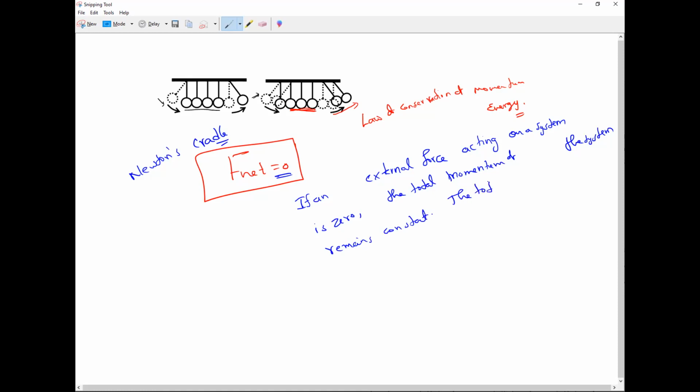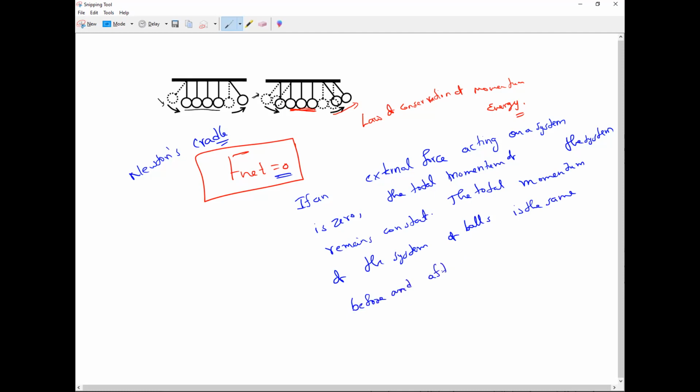The total momentum of the system of balls is the same before and after collision.